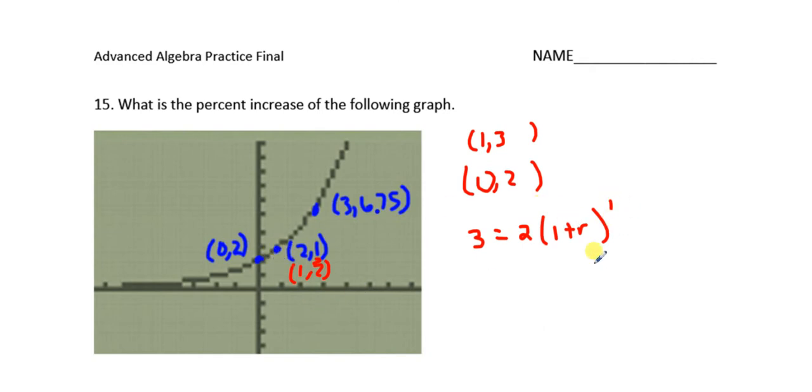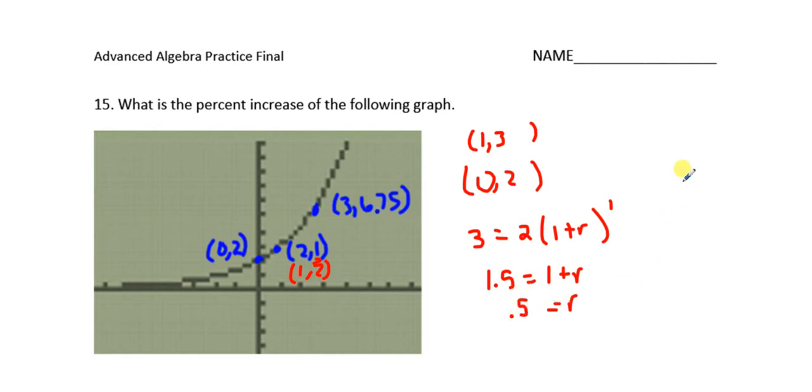So think of our x-axis as t. We divide by 2, that would be 3 divided by 2 is 1.5 equals 1 plus r. And then r equals 0.5.